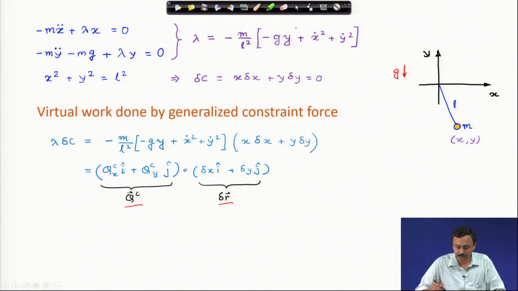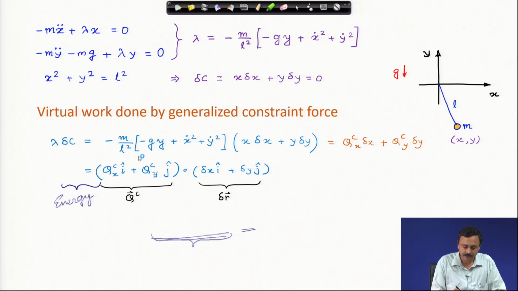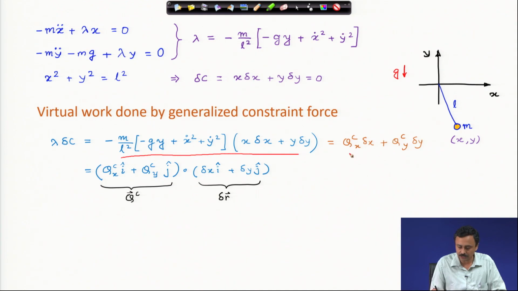And what do I therefore have from this expression? It must be that this expression must equate to Q c in the x direction delta x plus Q c in the y direction delta y, which follows from this statement.